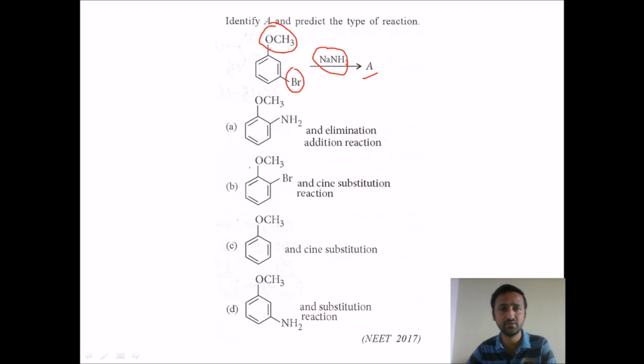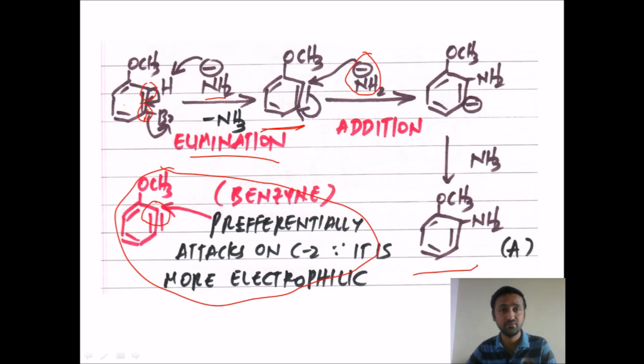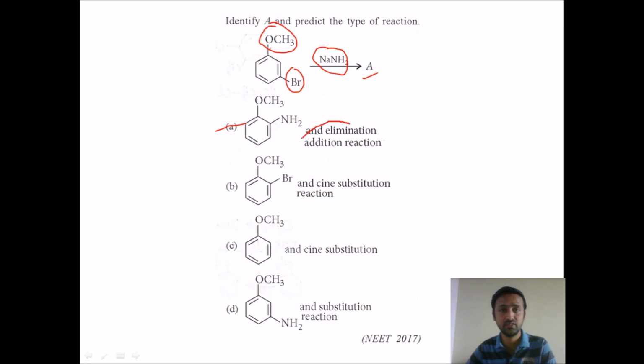Let's see the options given here. We have option A, with a methoxy group and NH2 in the ortho position. So the right answer should be option A. And the reaction type they asked: first we have elimination followed by addition. So the reaction is an elimination-addition reaction. So the right answer is option A.